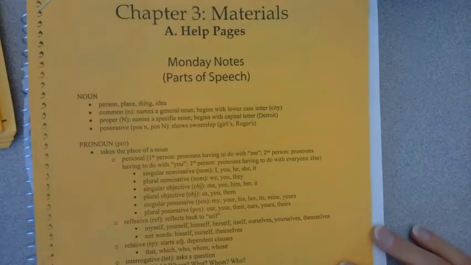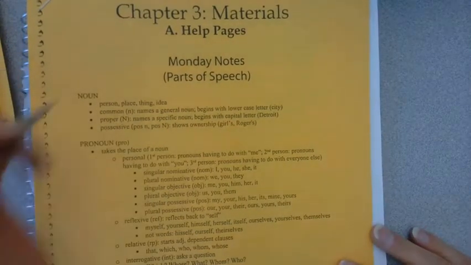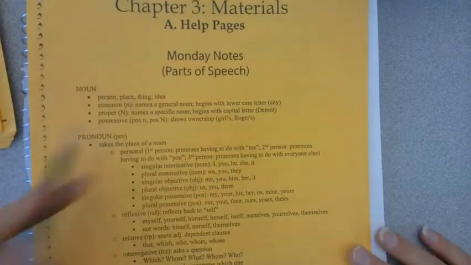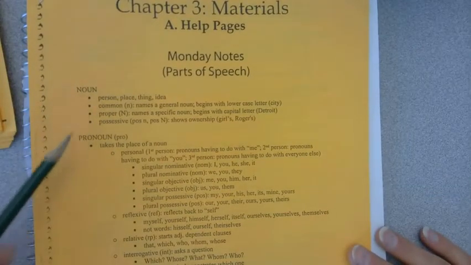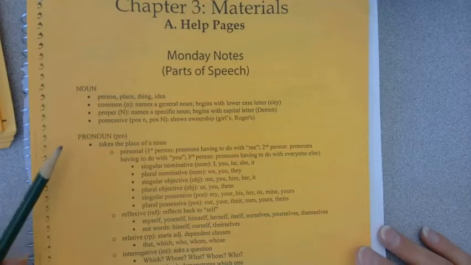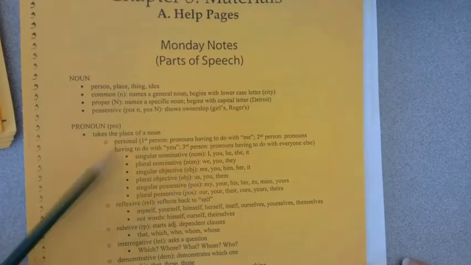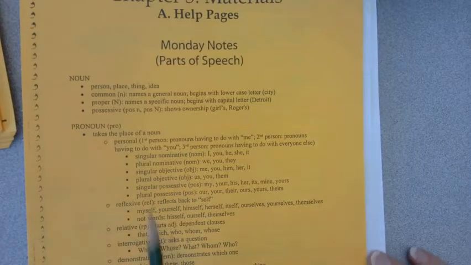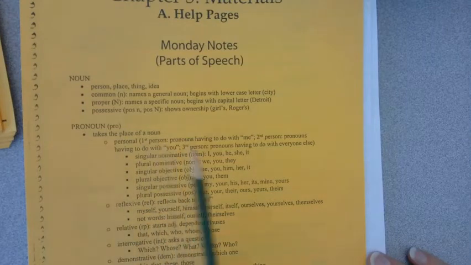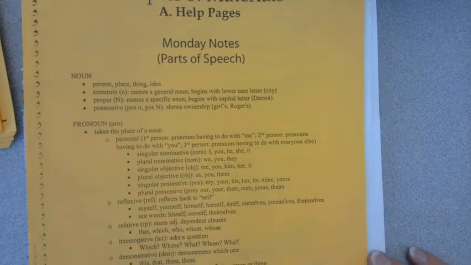If you know everything about nouns and you're like, gosh, I got this, go ahead and check it off. If you know the difference between proper and possessive nouns, check it off. If you're not really remembering about pronouns, take a look at that. See if you understand what they're talking about. I bet you haven't talked about the really specific types of pronouns, but hopefully you're somewhat familiar with some of the basics, okay?